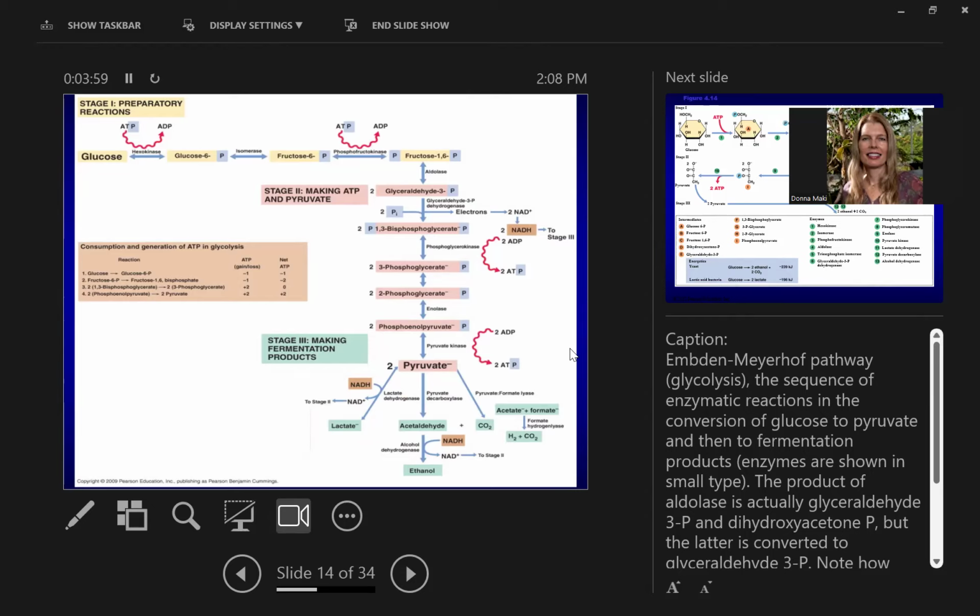Stage 2, I would like you to know what the final product is of stage 2, which is what? Pyruvate. That one I want you to know. Because that's what I call the decision point for the microbe. So once the microbe takes that glucose, runs stage 1, stage 2, and it gets pyruvate. Okay, so that's important.